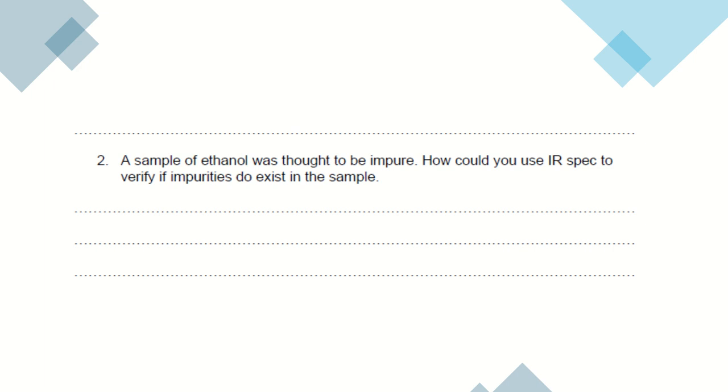This time we thought we had a sample of ethanol. How would we use an infrared spec to verify if there are impurities in it? Well, very simply, you get the trace of the pure ethanol, and you locate that infrared spec trace. Then you run a trace of what you think is the impure ethanol, and you obtain that trace. Now both of these should have all the same peaks. That's really important.